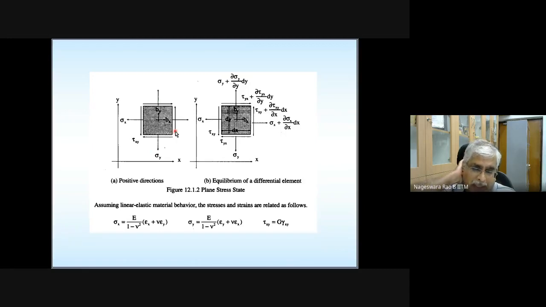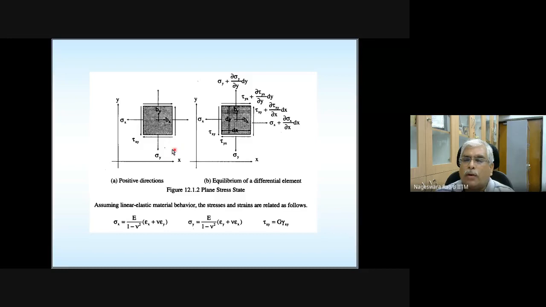Basically, a force which is acting away from the face is considered as tension. The force which is acting towards the particular surface or face is what is called compressive. So that is the convention that is followed. Here all the forces are shown to be acting away from the face. That means this body is assumed to be in tension.